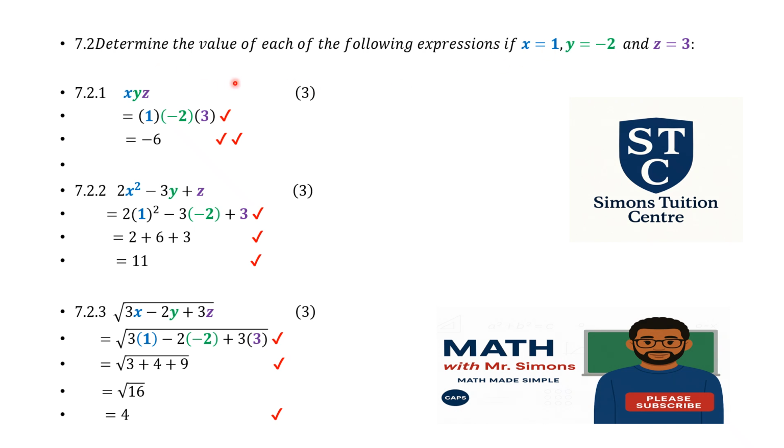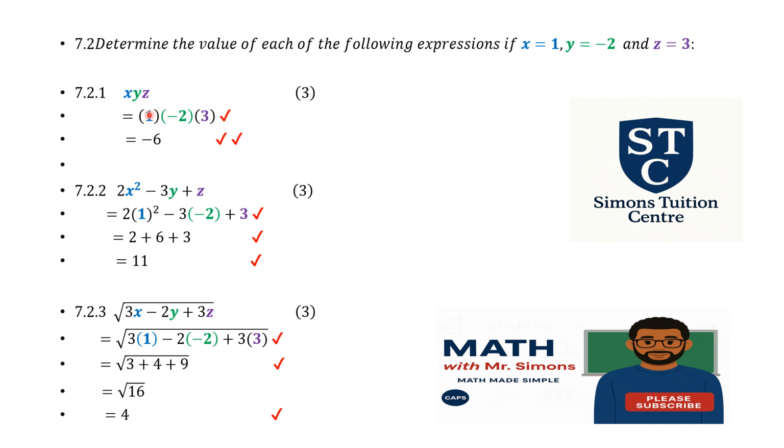Determine the value of each of the following expressions if x is 1, y is minus 2, and z is 3. So again, they gave xyz. What does xyz mean? 3 letters next to each other. It means x times y times z. So x there is positive 1, y is negative 2, and z is 3.